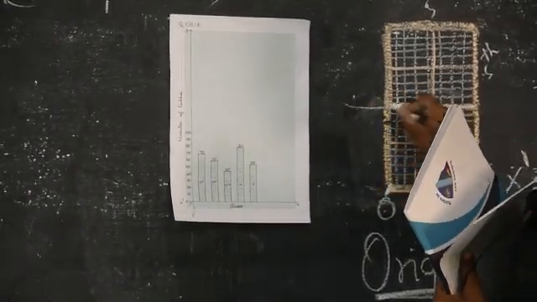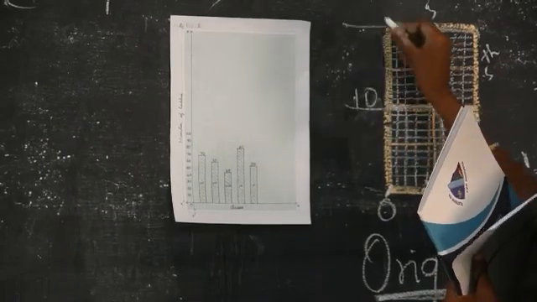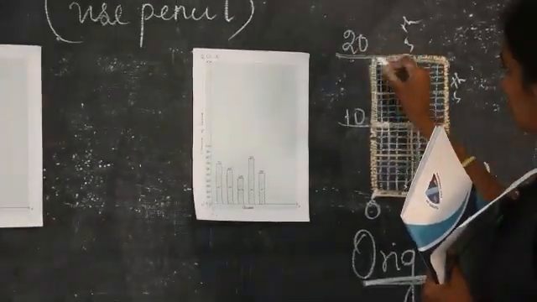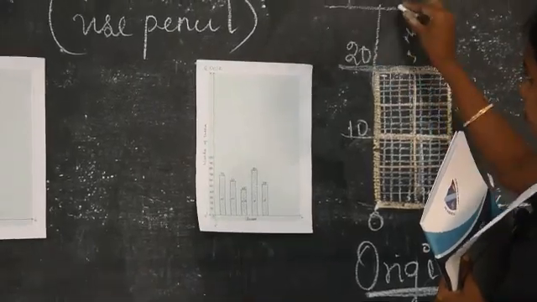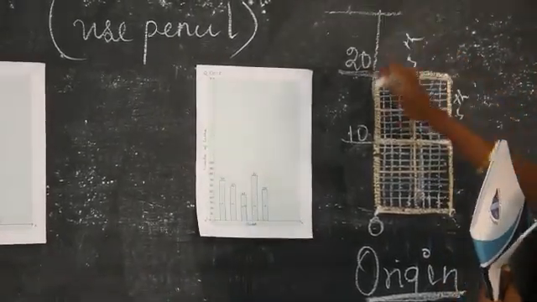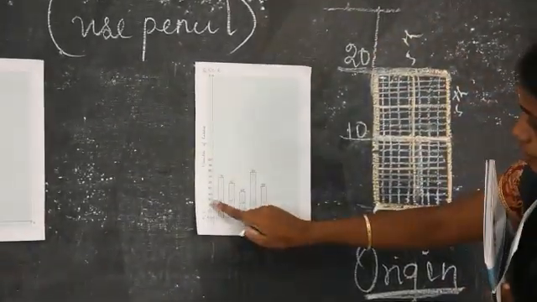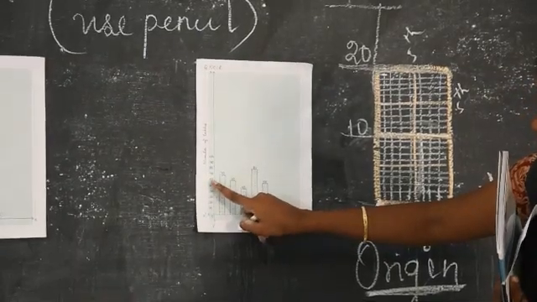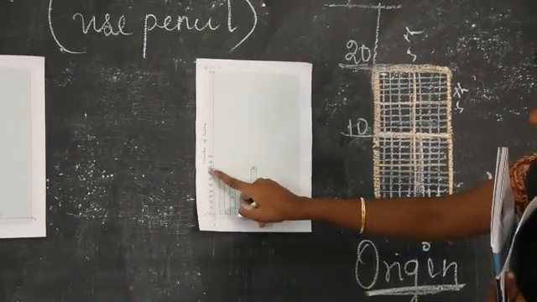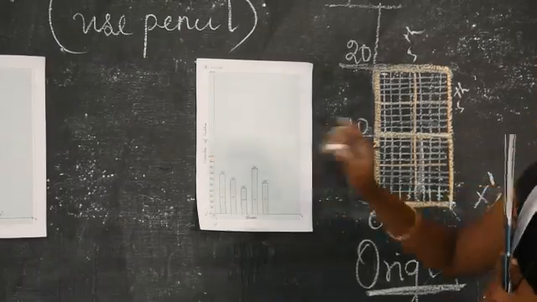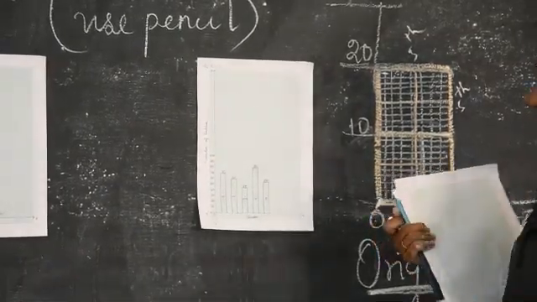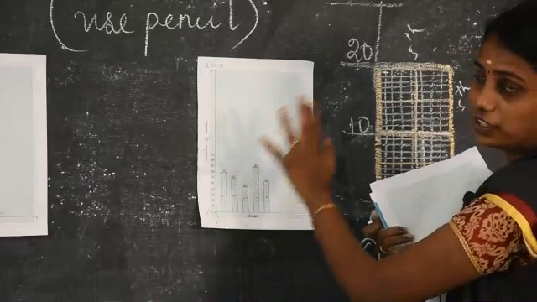Okay, on this box, 10. Then 20, on the dark line. Likewise, you have to leave one box and write 10, 20, 30, 40, 50, 60, 70, 80, 90, 100. Okay, length is very important. That's why we have given importance to the length.